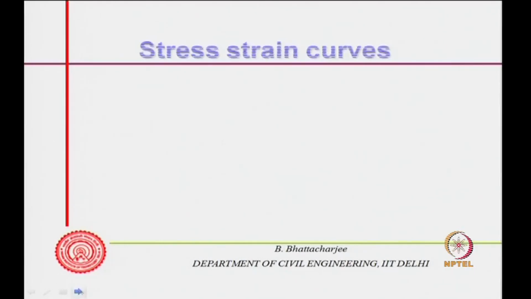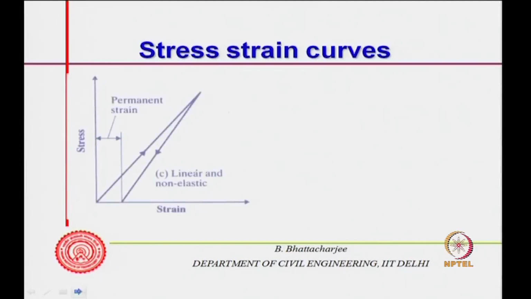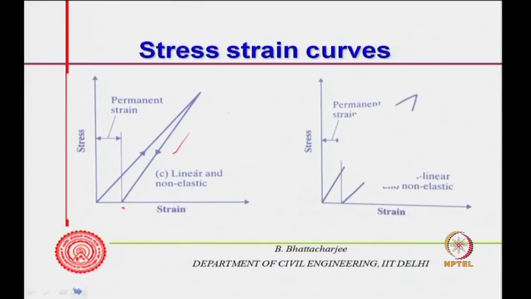And if we follow it up further, this is linear, but inelastic or non-elastic, it does not come back. So, there is a residual permanent strain. And this is non-linear and non-elastic. There is permanent strain: at some level of stress you go, and when you come back it does not close in.